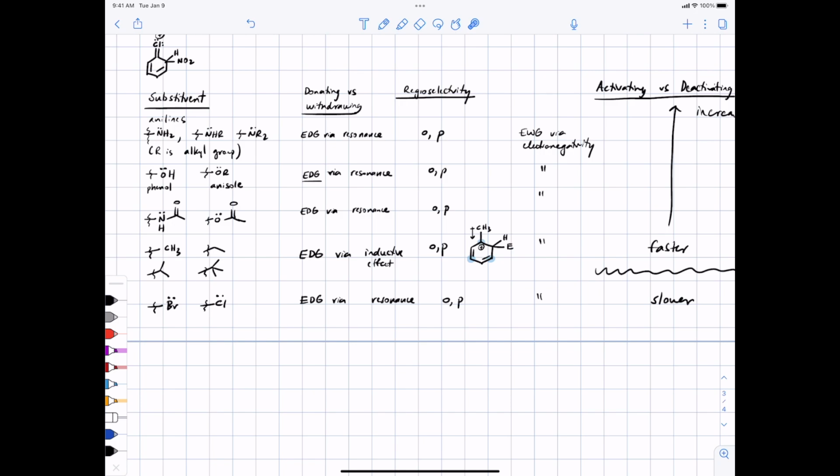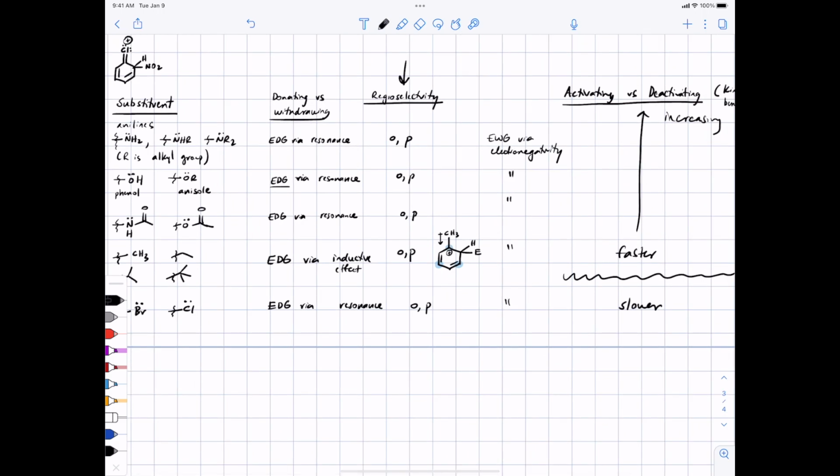For whatever reason, for chloro, the donating group wins for regioselectivity but loses for reactivity relative to benzene. Okay, so here we're just talking about regioselectivity. That's right. Our focus is going to be on regioselectivity.